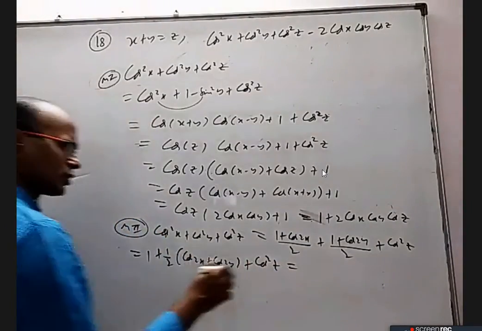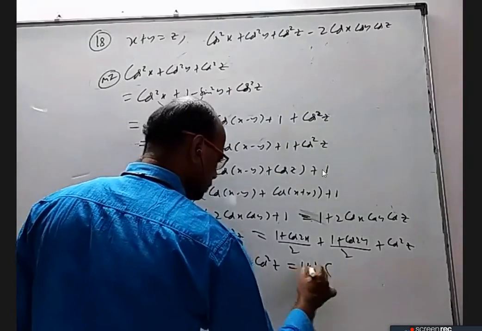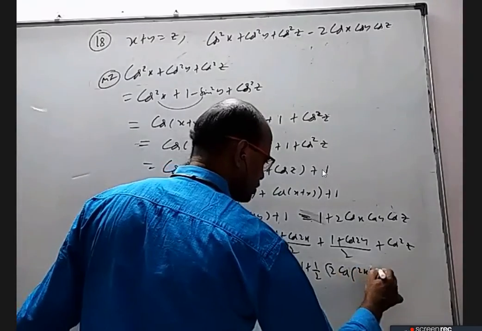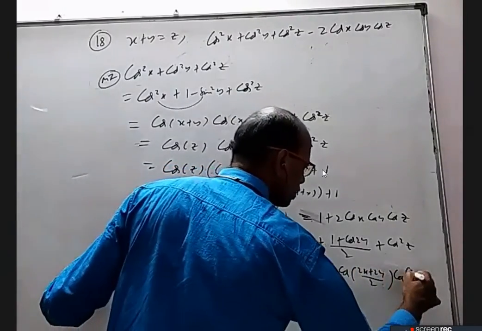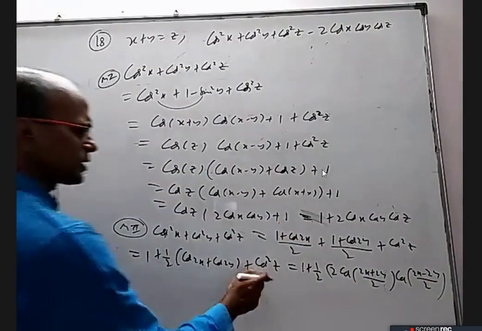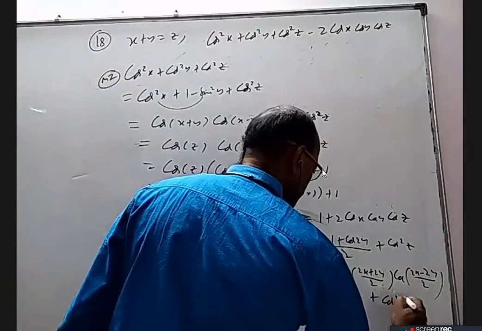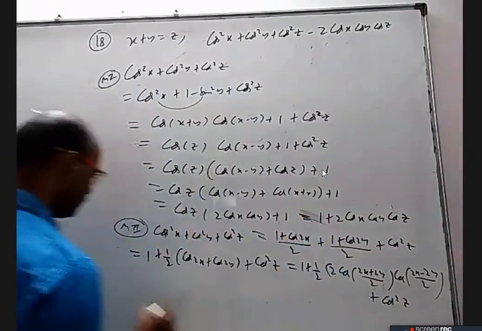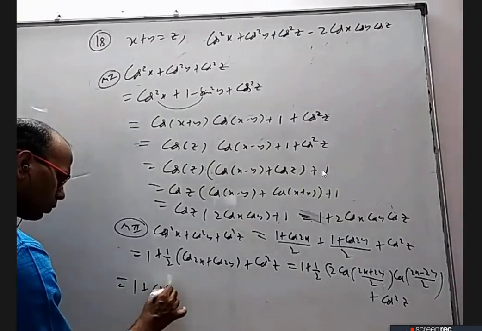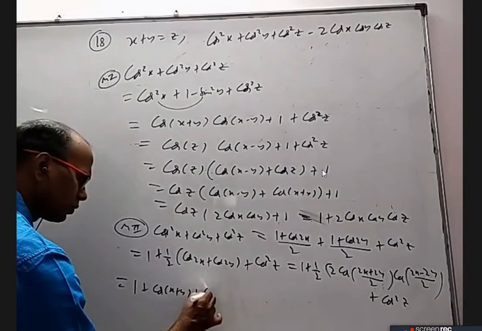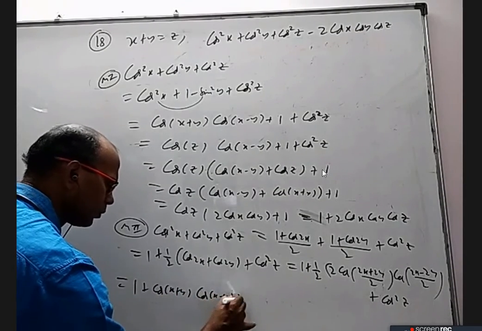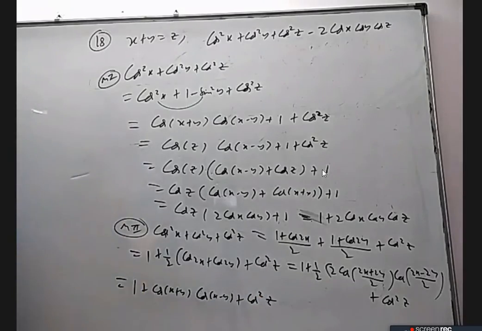If I apply transformations here, cos c plus cos d is 2 cos of 2x plus 2y by 2, cos of 2x minus 2y by 2, plus this cos square z is there. So 2 and 2 will cancel. I'll get 1 plus cos x plus y into cos x minus y plus cos square z.